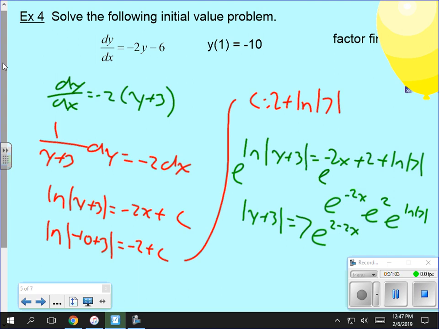But y has got to be negative 10. So I've got to adjust this to make sure I'm getting the right answer when I plug in y. I can do the absolute value or the opposite of the absolute value. If I put in 1 and I get 7, I have negative 10 for y. How can I cope with that? Because my answer is negative, it's actually very easy.